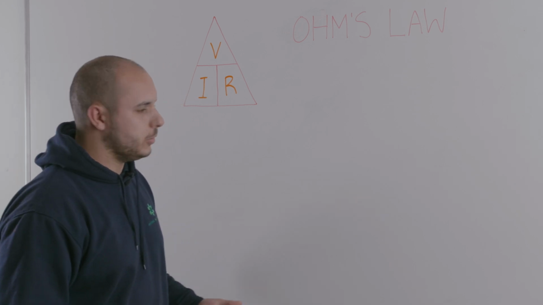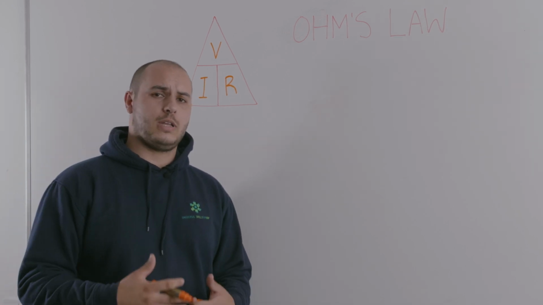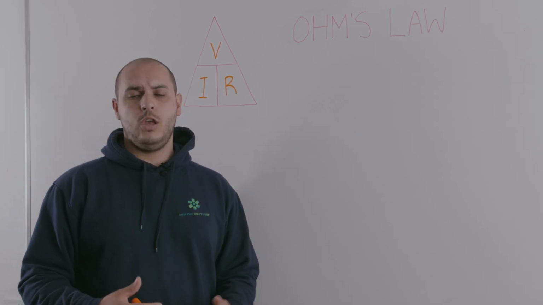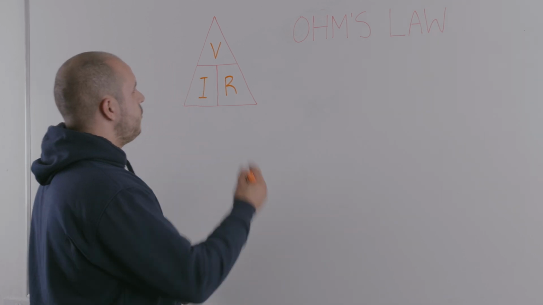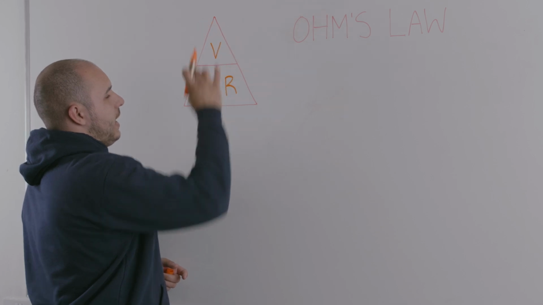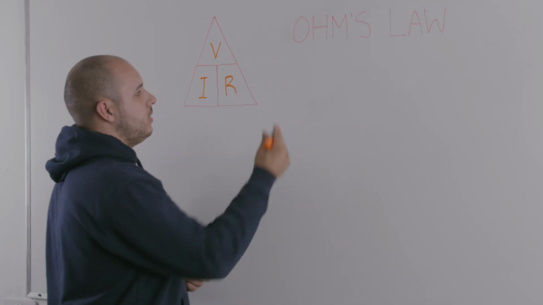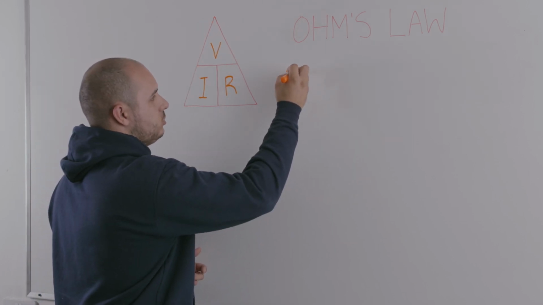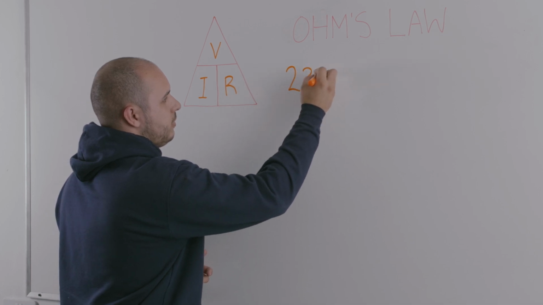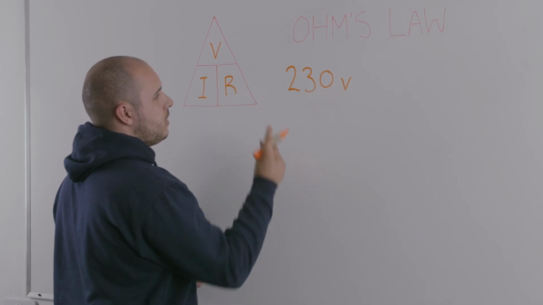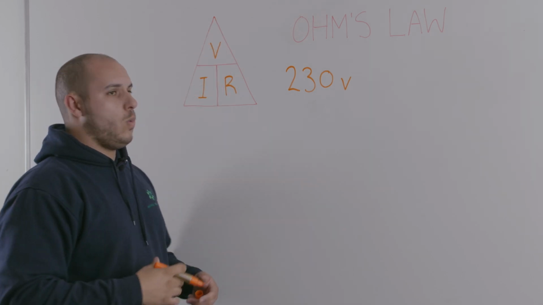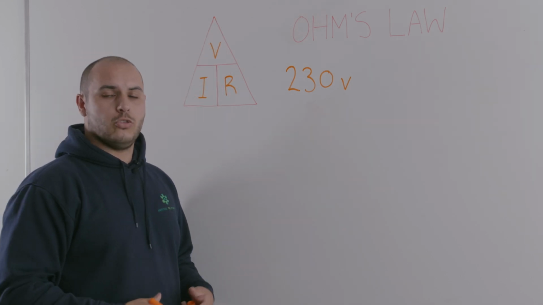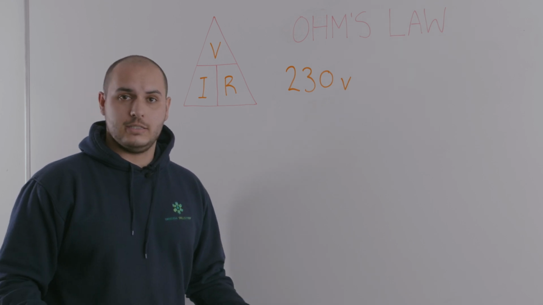So, for example, when we look at calculating any electrical circuit, we always use voltage at 230 volts. So, for example, if we had on our question a circuit that was supplied by 230 volts, that 230 volts will be put in the top of the triangle. And we're trying to find out what the resistance of that circuit is, okay?